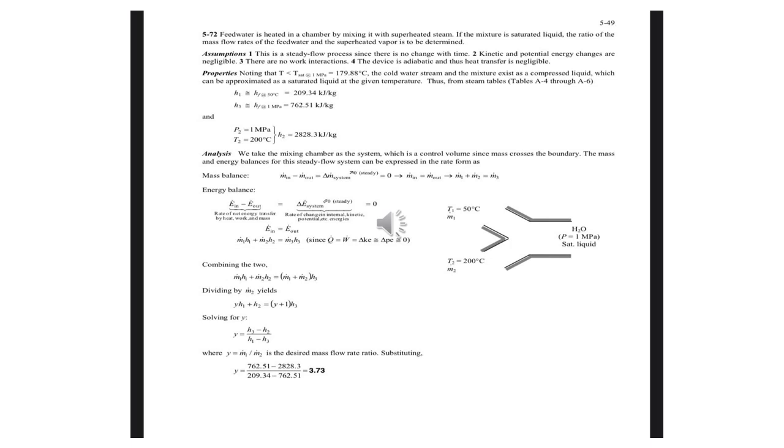Feed water T1 equals 50 degrees Celsius. Compressed liquid is approximated as saturated liquid at 50 degrees Celsius. H1 equals HF at 50 degrees Celsius, equal to 209.34 kilojoules per kilogram. Superheated steam T2 equals 200 degrees Celsius, P2 equals 1 megapascal, H2 equals 2828.3 kilojoules per kilogram.